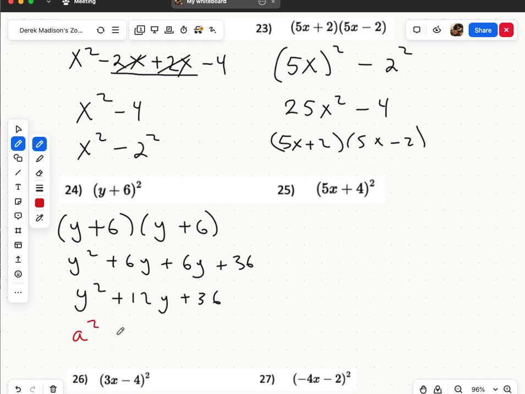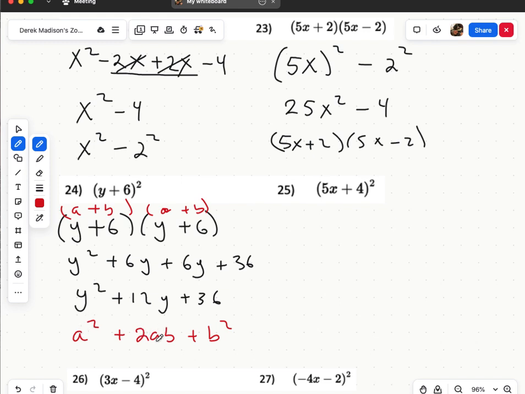This is supposed to come out to a squared plus 2ab plus b squared when I multiply a plus b times another a plus b, or you can think of it as a plus b squared, like we had above. So a squared is the first thing, so y times y would be a squared.